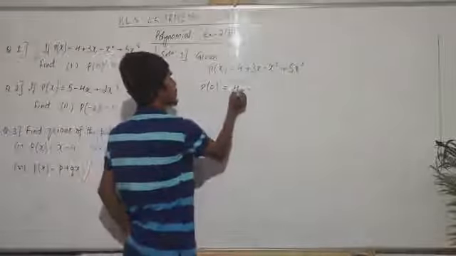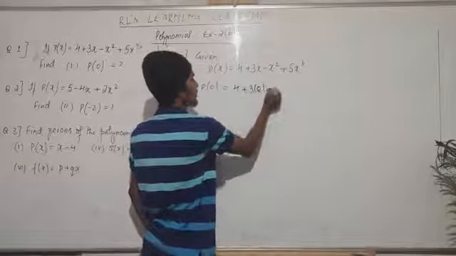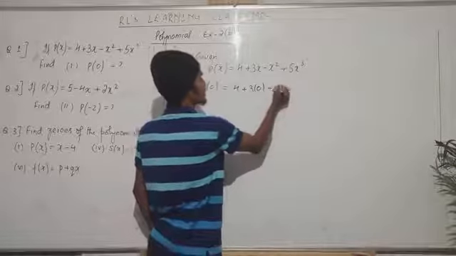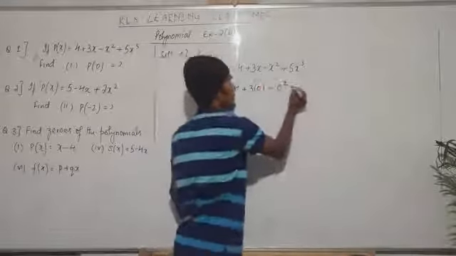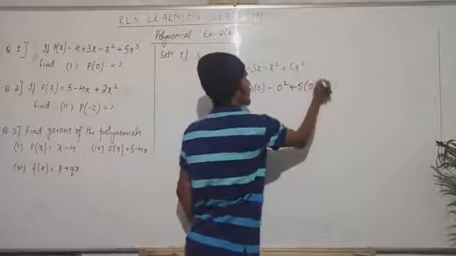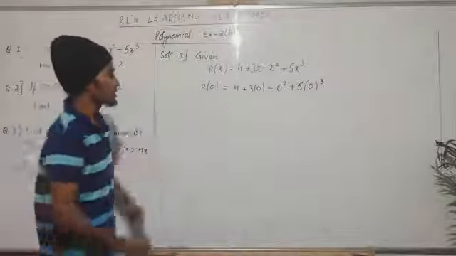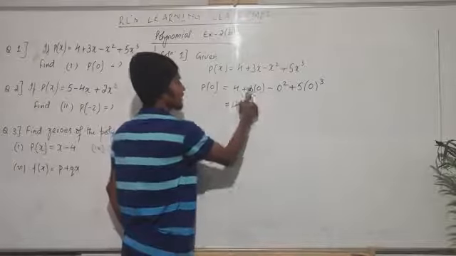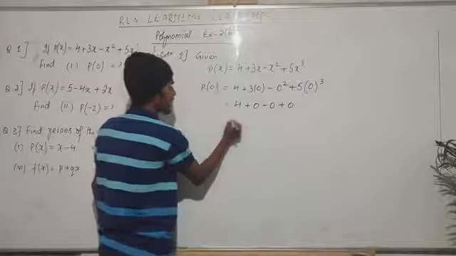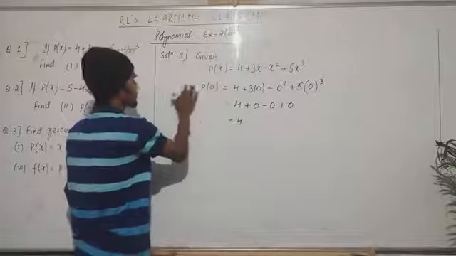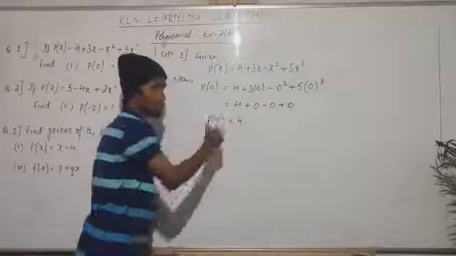So 4 plus 3 times 0, minus 0 squared, because here is a square, plus 5 times 0 cubed, because x cubed and the value of x is 0. So we have 4 plus 0, minus 0, plus 0, and therefore we got P of 0 is equal to 4.